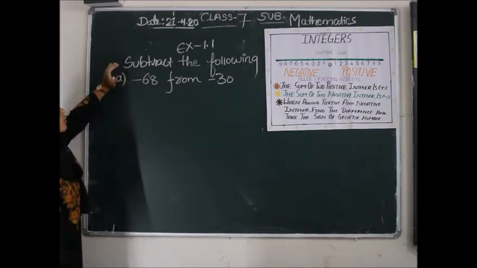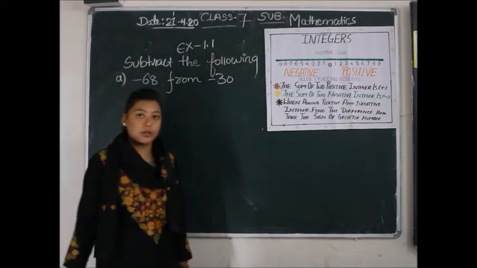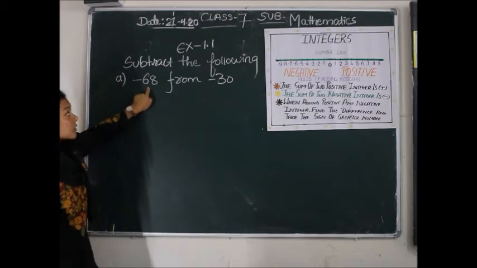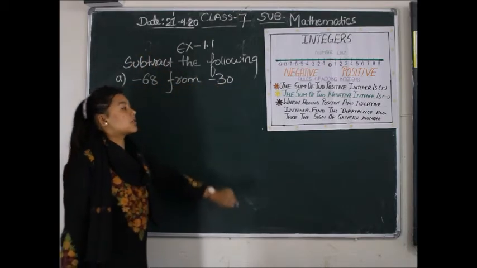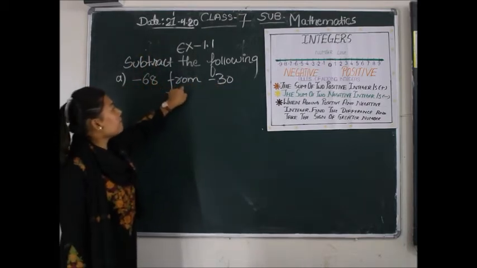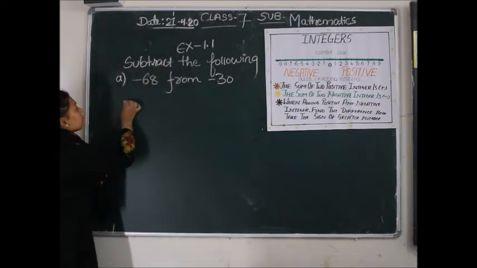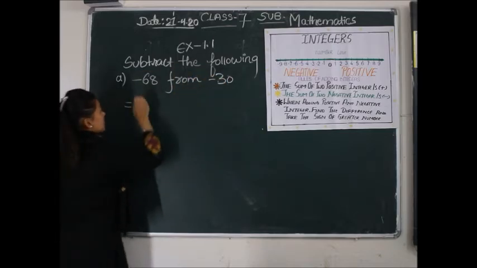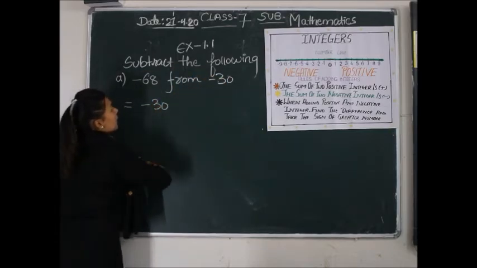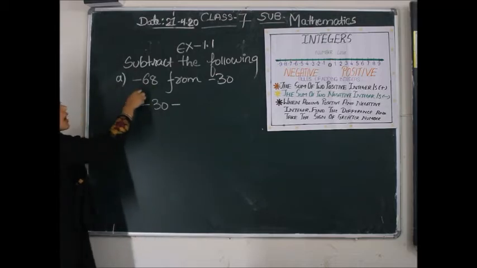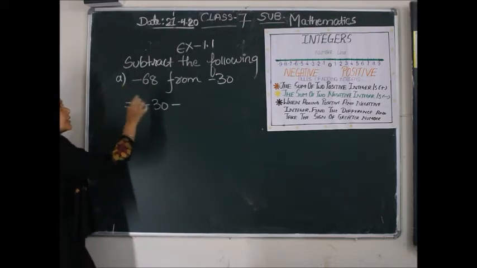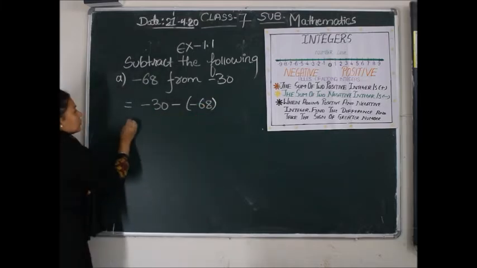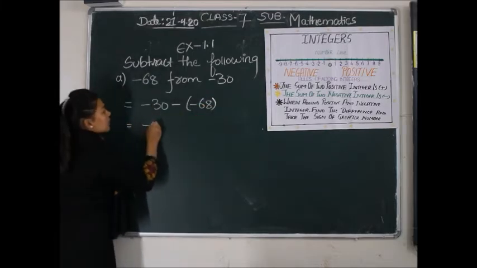We need to subtract. You all know what subtraction is. We need to subtract minus 68 from minus 30. Subtract this number from this. That means we will have to write minus 30 first, because they are saying to subtract it from this. So minus 30 minus, and the other number is minus 68, which we put inside the bracket.